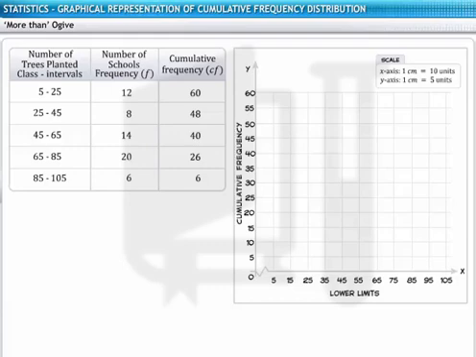Next, we'll mark points on the graph that represent the cumulative frequency corresponding to the lower limits of the class intervals. For example, for the lower limit of 5, the cumulative frequency is 60. Similarly, we'll mark the points corresponding to cumulative frequencies of the other lower limits of data.